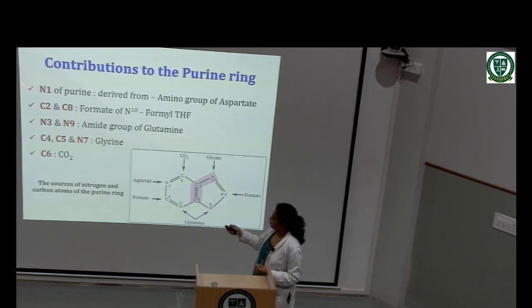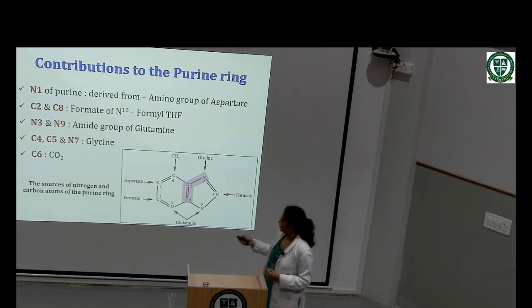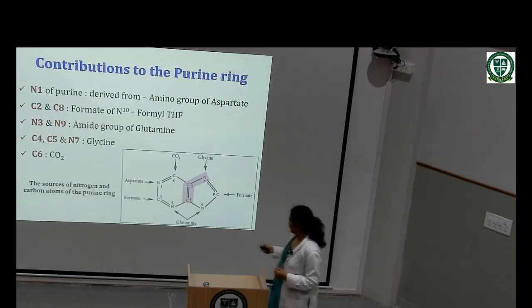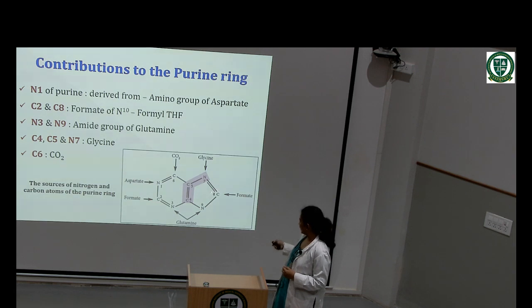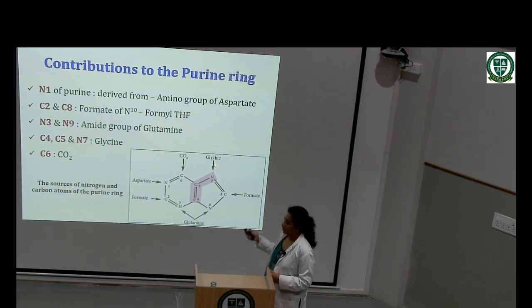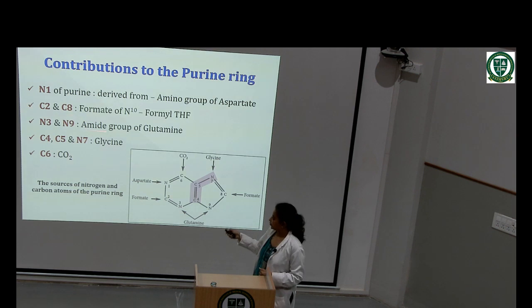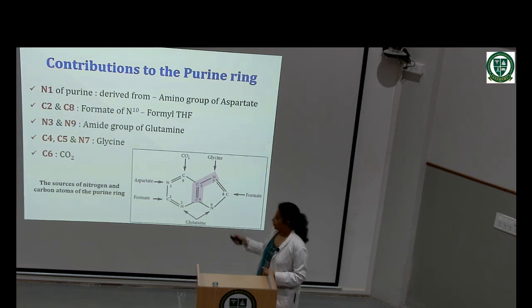So N1 is contributed by aspartate, the amine group of aspartate. Okay, and C2 and C8, that is carbon 2 and carbon 8, are donated by N-formyl tetrahydrofolate. N3 and N9, okay, are contributed by the amine group of glutamine. Okay, so the two nitrogens at the third and the ninth position are contributed by glutamine.